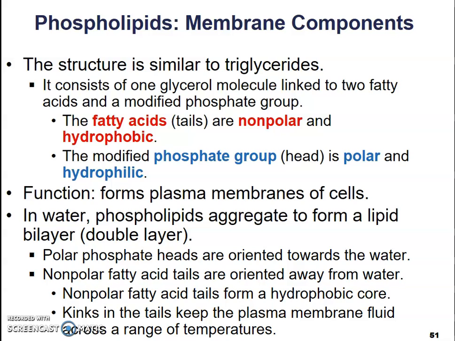The nonpolar fatty acid tails are oriented away from the water, and they form a hydrophobic core. The kinks in the tails of those fatty acids keep the plasma membrane fluid across a range of temperatures. So it's important for them to have that double or triple bond, which is going to make it easier for them to tolerate temperature changes.